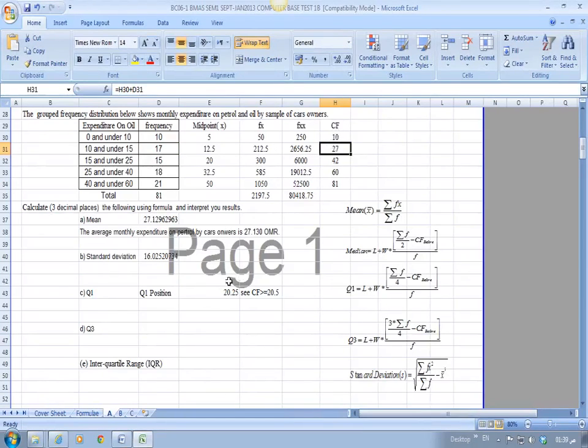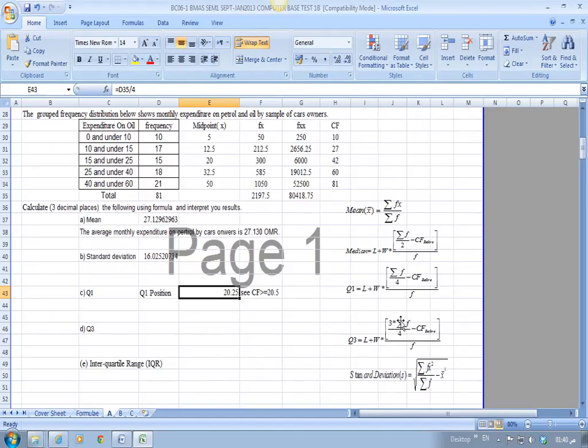Now, according to the position, because the question is Q1, we want to find Q1. We said that Q1 position is equal to sigma f divided by 4. The first part is the position: for the median, the position is divided by 2, and for Q1, the first quarter, we divide by 4.